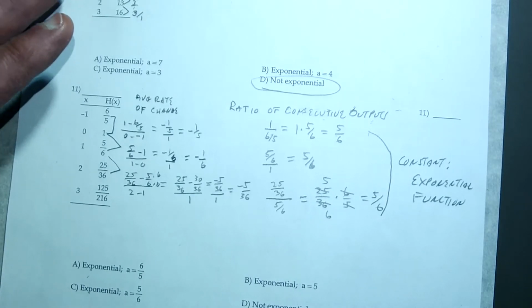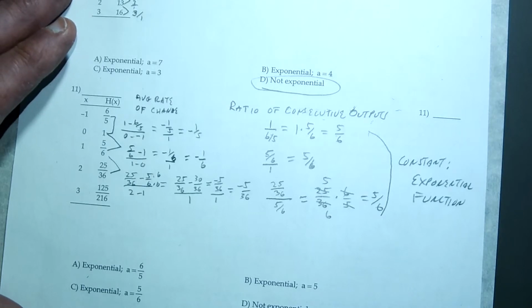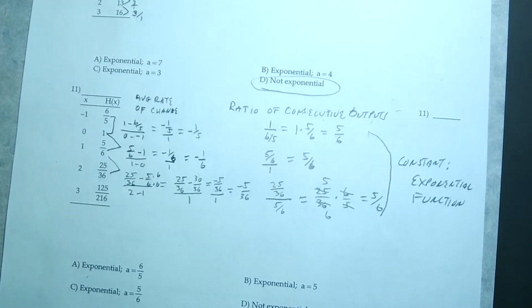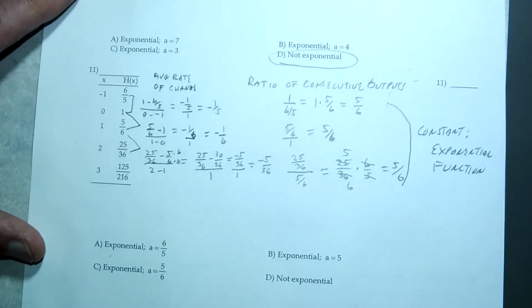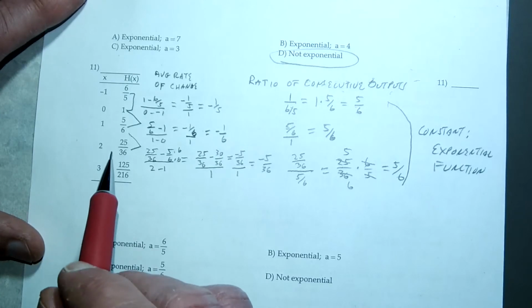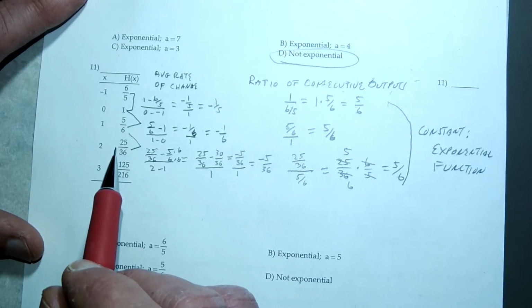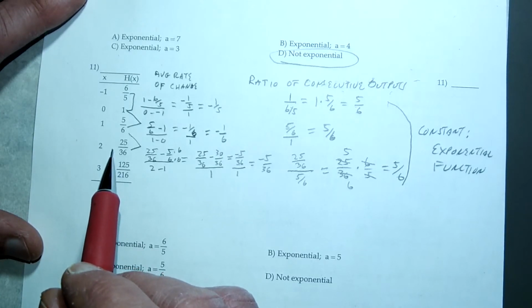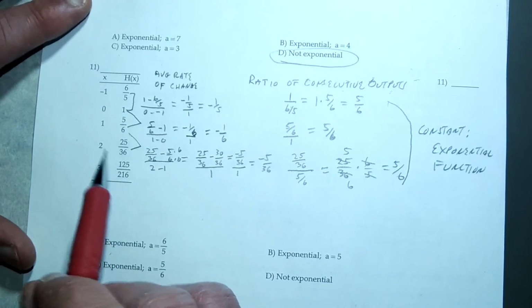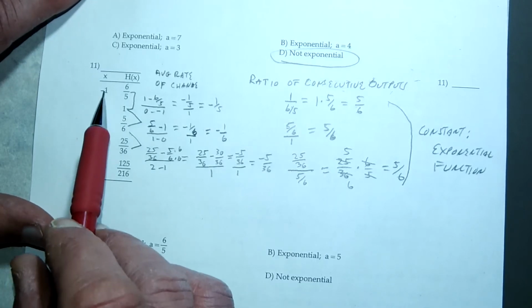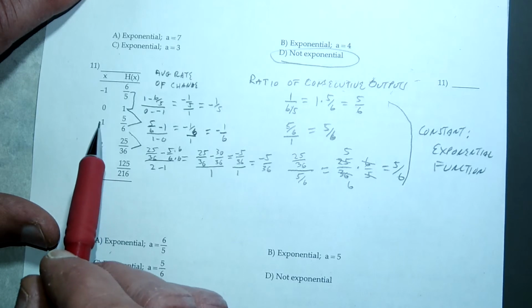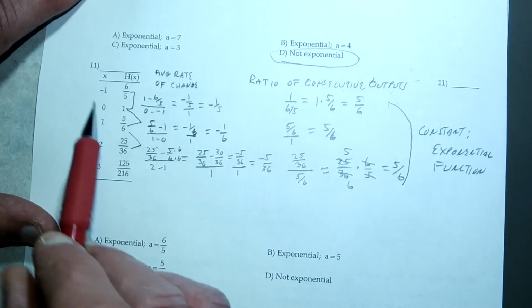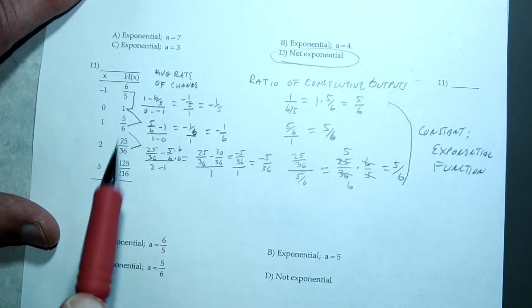Okay, right? And so let's just take a look here. Let's think about this a little bit. Now I'm not going to expect you to do this on a lot of problems, but let's just see if we could come up with a function, and it's going to be exponential, that if we raise a certain quantity to a power, and these would be the powers right here, -1, 0, 1, 2, and 3, produces these outputs.